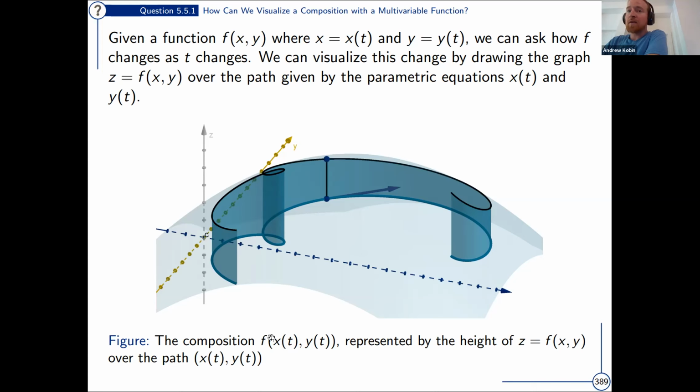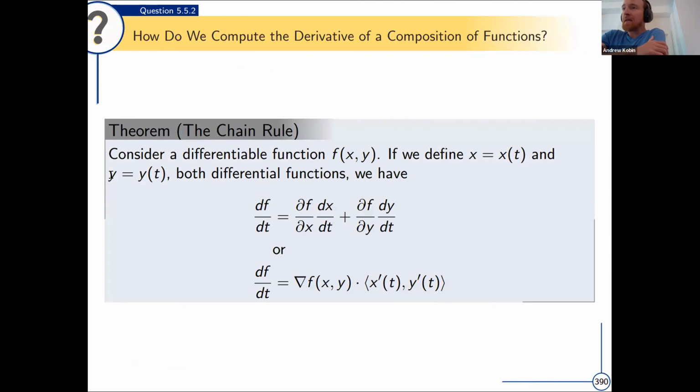Of course, if we have equations for x and y, and we plug them into f, and then further plug in all of the t variables and get f as a single function, we could just take an ordinary derivative. But that's assuming we have a formula, and in many instances we may only know partial information about the coordinate variables x and y. So here's the theorem that allows us to perform a lot of calculations in situations like this, and it's called the chain rule.